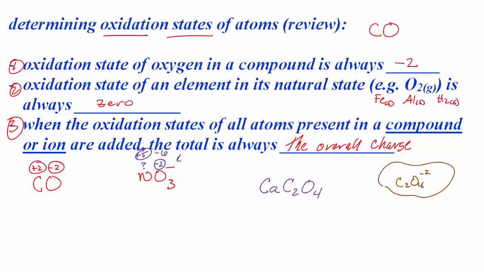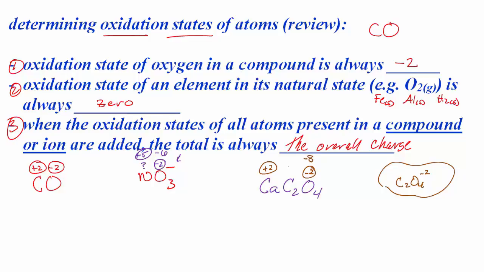Another way is that calcium is in group 2 in the periodic table, so they all have a charge of +2. Either way, calcium has to be +2. Each oxygen is -2. 4 times -2 is -8.